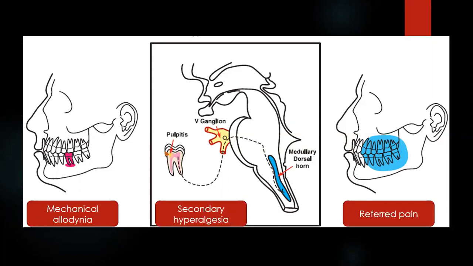So what causes the referred pain is central sensitization through the wide dynamic range neurons and the local circuit neurons, which we need to understand. This is the state of severe inflammation present in the pulp leading to the pain. If we do not take action at this point, there are high chances that this condition will lead to pulpal necrosis, right?